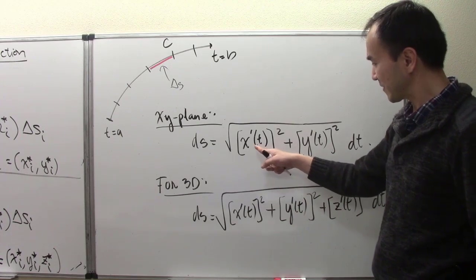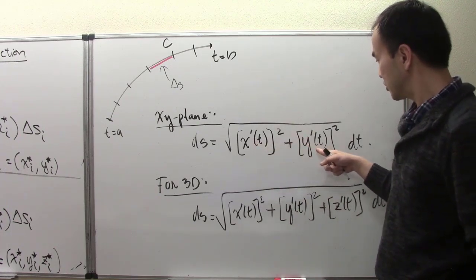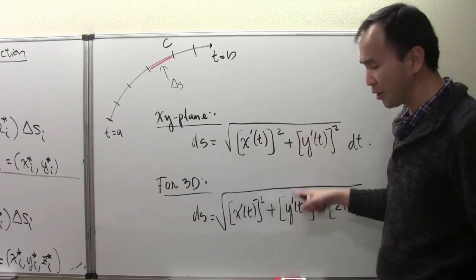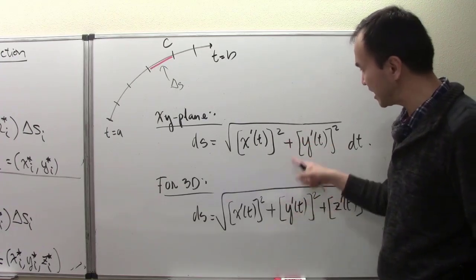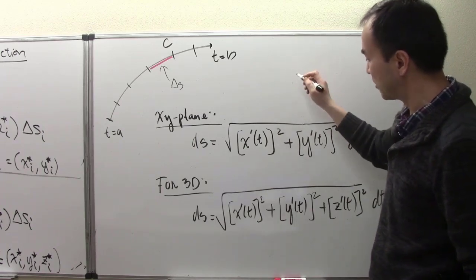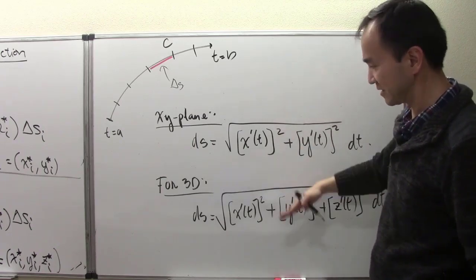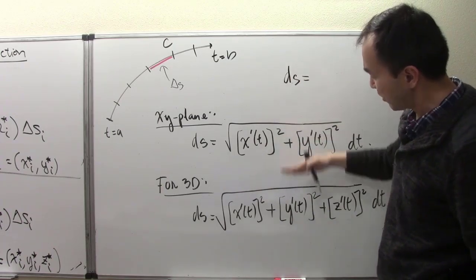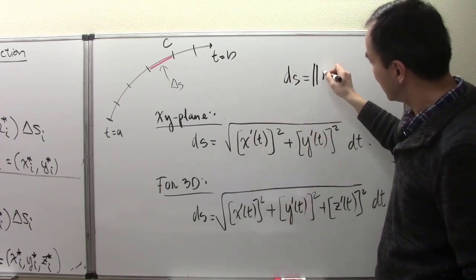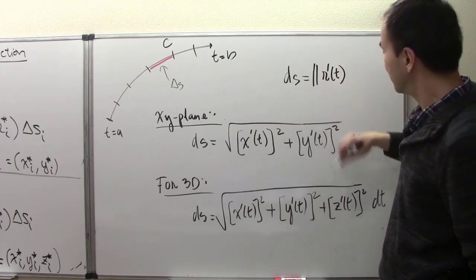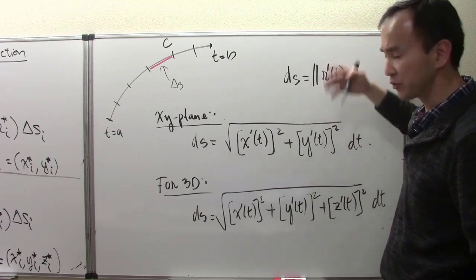This is x prime of t, and this is y prime of t, squared here. In the end, if we look a little closer and link back to what we've learned before, any one of these is the same as the magnitude of r prime of t, the derivative of the vector valued function. That's very important. It doesn't matter 2D or 3D.